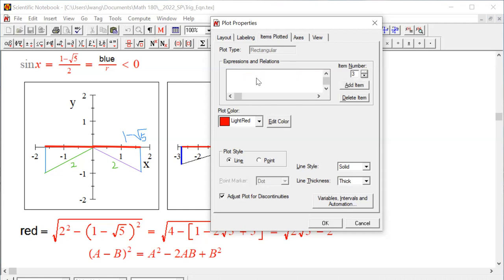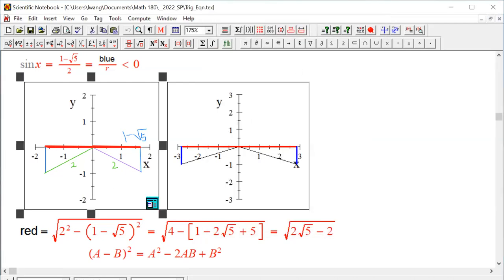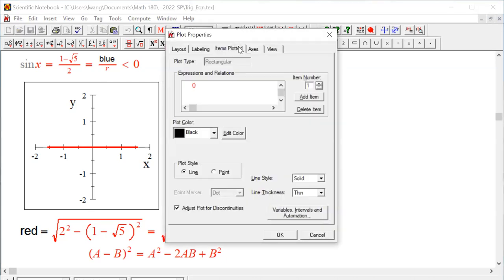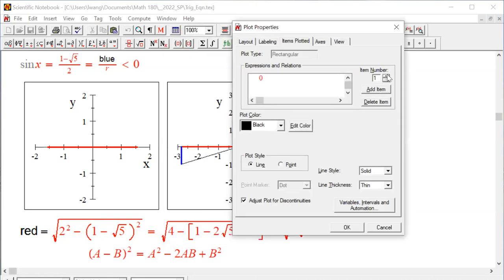I'm gonna draw the 2 reds. There you go. Okay, so I'm gonna remove those. You see, we got the 2 reds, right? Let's look at the blue. I'm gonna draw the blue.